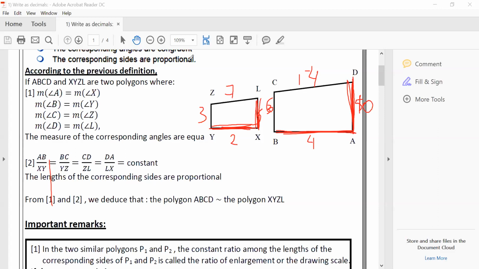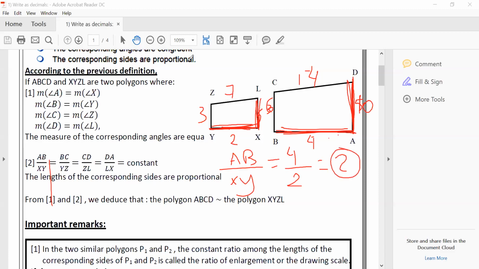Let's check. I put AB divided by XY; these are the corresponding sides. The sides are not supposed to be equal, I want the ratio. AB equals 4 and XY equals 2, so 4 divided by 2 equals 2.